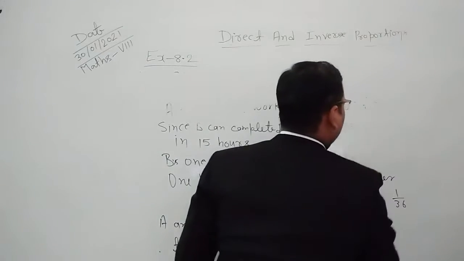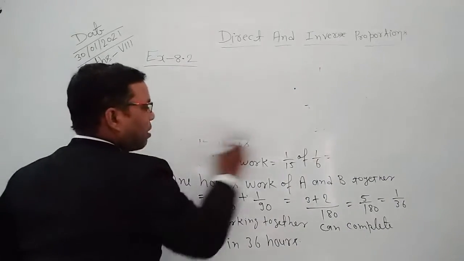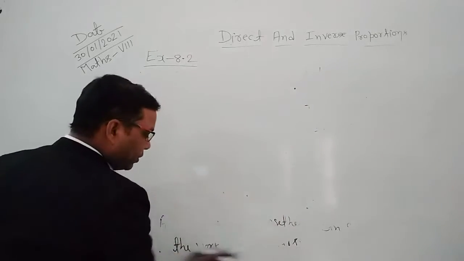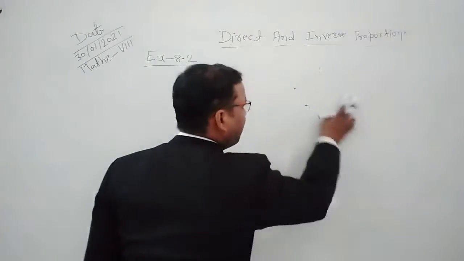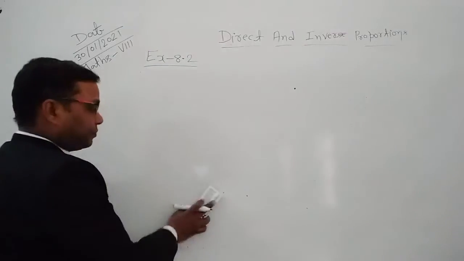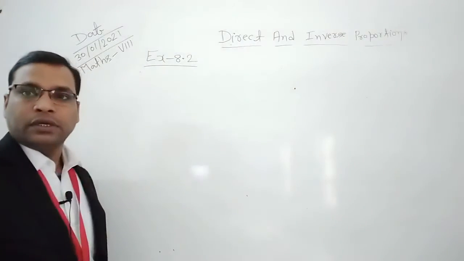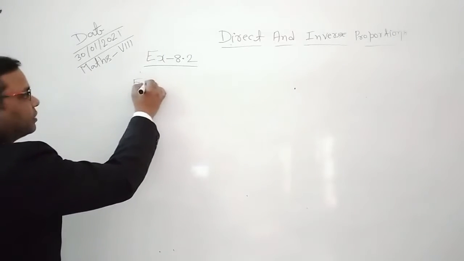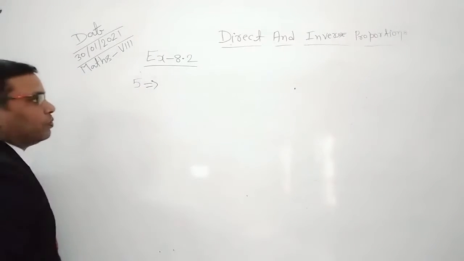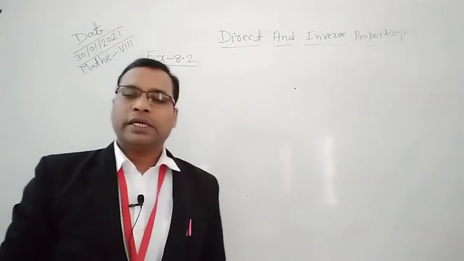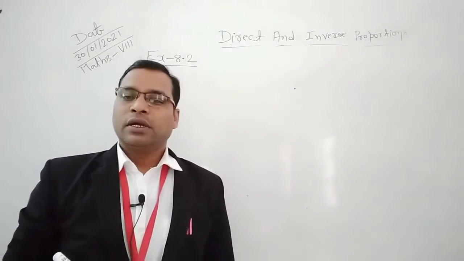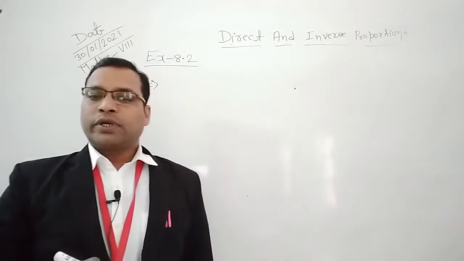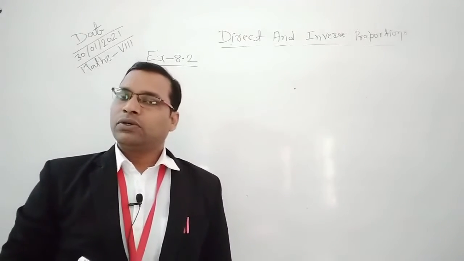Clear? Now I hope all of you understood this question, and this is question number 5 of exercise 8.2. Okay, so what is given in this question? It is given that A and B together can dig the pond in 20 days.